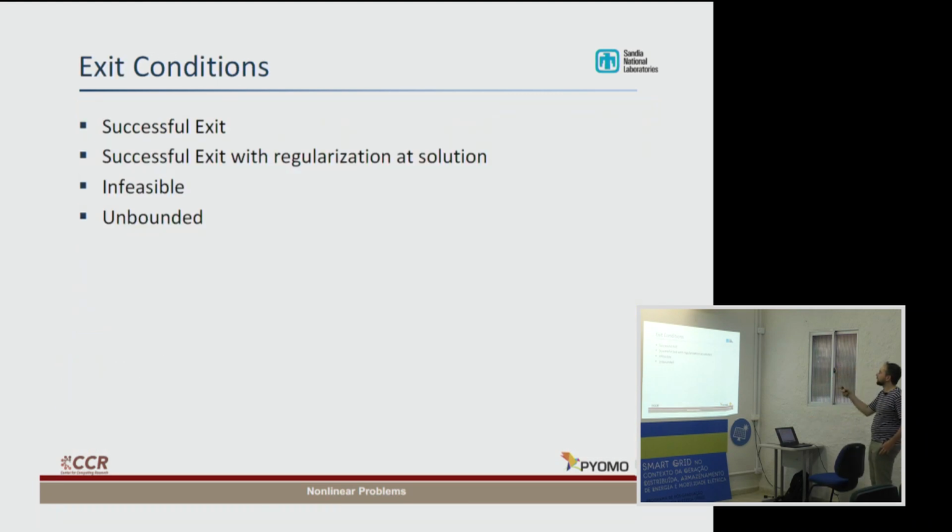The exit condition of IPOPT is either successful, or successful with some problems. It may be one constraint or two that are not satisfied, or it's infeasible, or it's unbounded. And we saw this in the first day of the class, or second day.